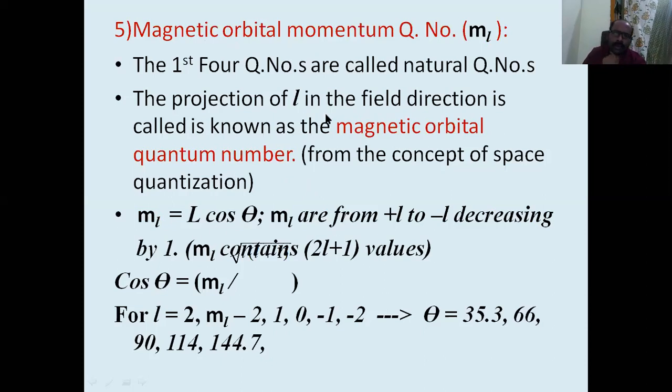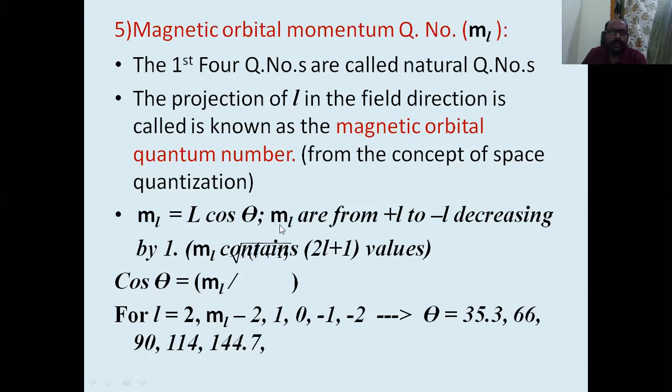L may be in different discrete directions. The definition of this quantum number is ML equal to L cos theta. If the L vector makes some angle theta with the field direction, its projection along the field direction is L cos theta. We see this in the next slide.